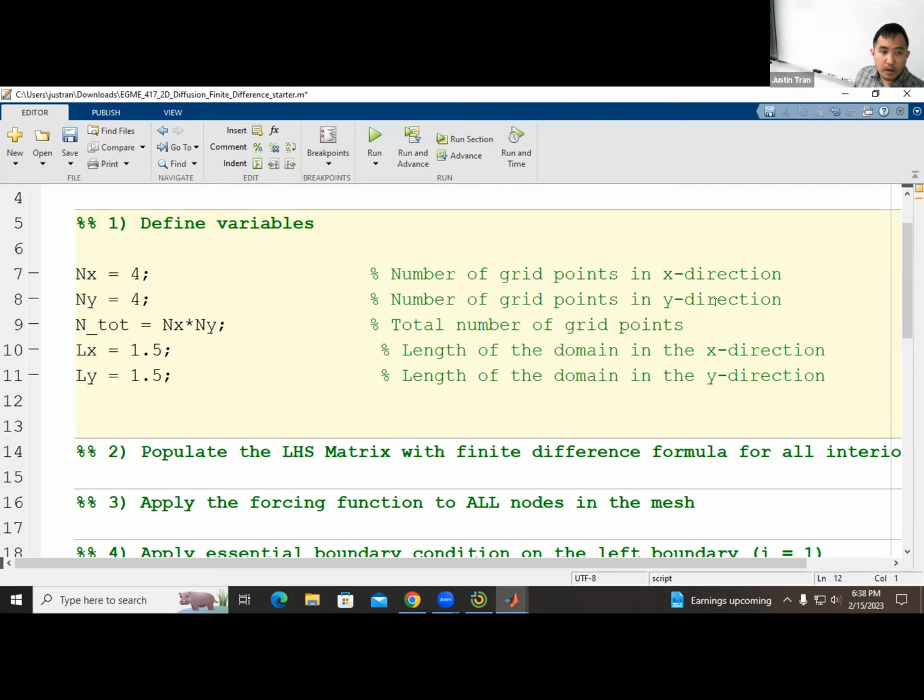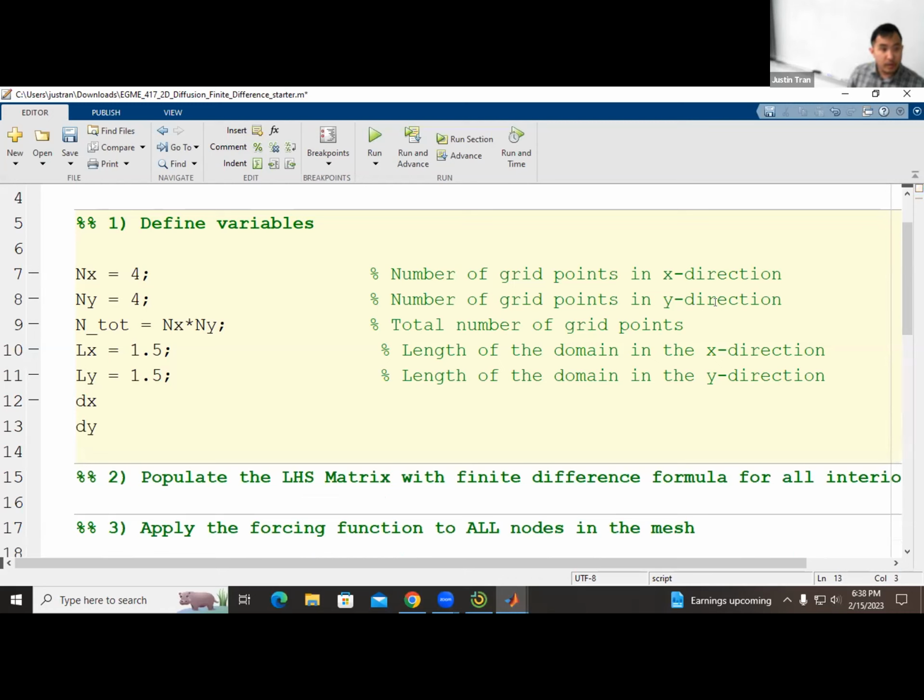All right. Other things that we can do here is we can compute the grid spacings. I'm going to call them dx and dy. So we have our formula for the grid spacing. Our grid spacing in the x direction is just Lx divided by nx minus 1.